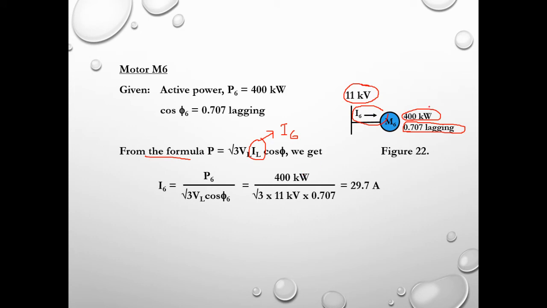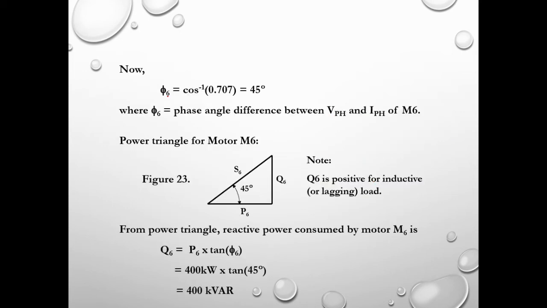Substitute the value of 400 and 0.707, and then finally we get the value of I6, 29.7 ampere. So theta 6 in terms of degrees is 45 degrees, where theta 6 is the phase angle between phase voltage and phase current of motor 6, M6.